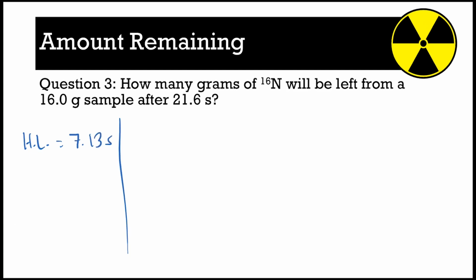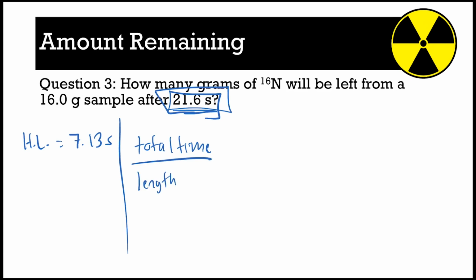The way we're going to approach this, we have to figure out how many half-lives occurred. So what you want to do is take the total time that elapsed, divided by the length of the half-life, and that gives us the number of half-lives that occurred.